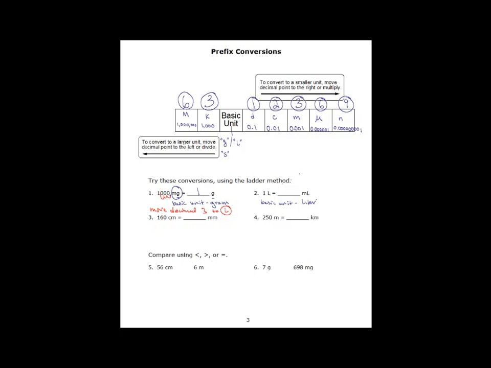So in this question, we're trying to get from liters to milliliters. So we're starting off at the basic unit, and we want to get to milli. So we have 1 liter here. We want to get to how many milliliters is this? So in order to make that conversion, I need to move the decimal 3 to the right.